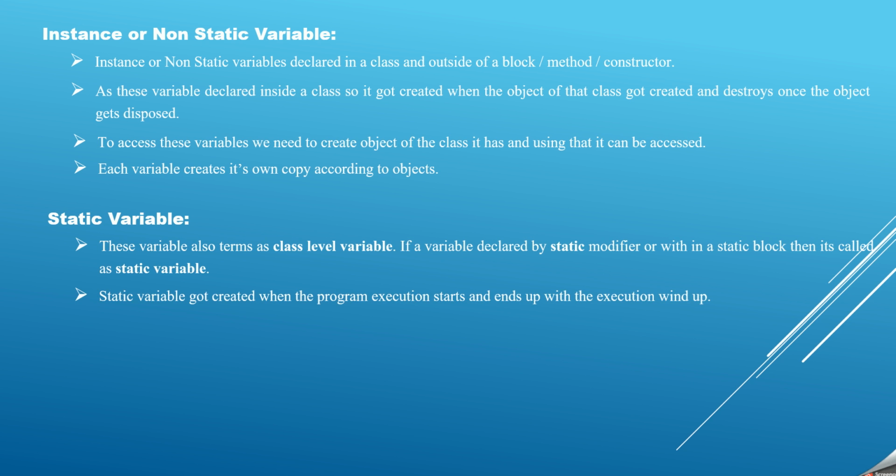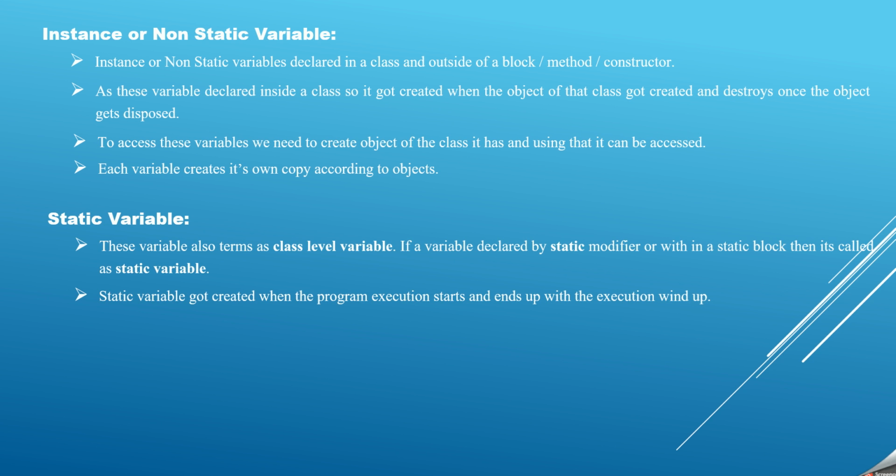As it is static, it is created at the initial step itself when the class is going to execute. But an instance variable is only created when the object of the class is instantiated.